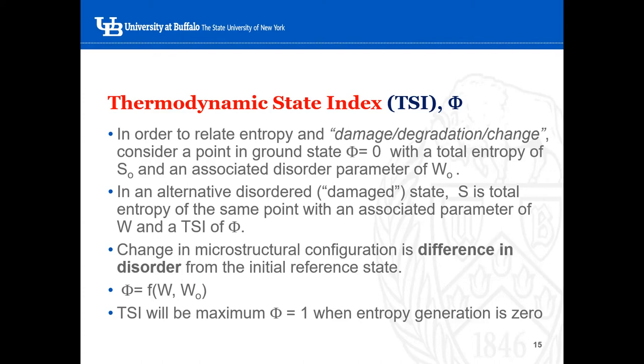Now, in order to be able to do this, to introduce primarily the first law of thermodynamics and the second law of thermodynamics, you have to convert the second law of thermodynamics into an axis that will allow you to take derivatives, because laws of Newton are derived in x, y, z, time space.